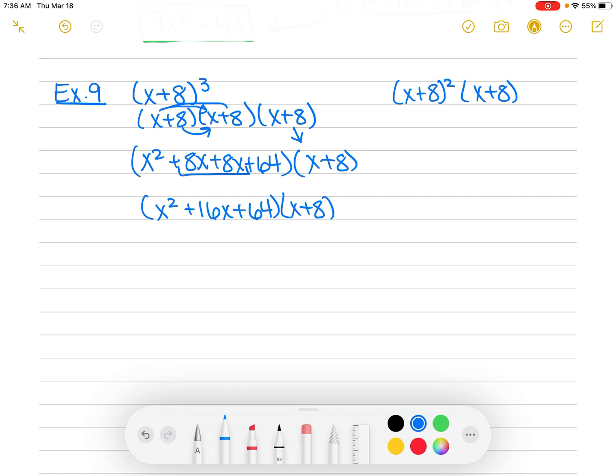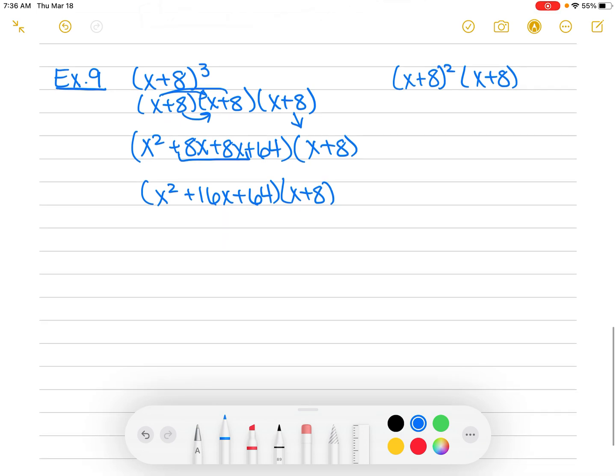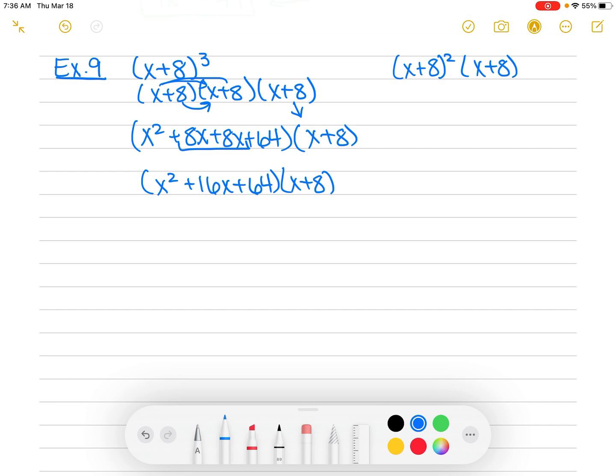Okay, now this is just like last lesson where you had a lot to multiply by. So I'm going to just go through and multiply all of this. So I have x cubed plus 8x squared. I'm going to do this one, and that's going to give me 16x squared. And this one is going to give me, what is 16 times 8?